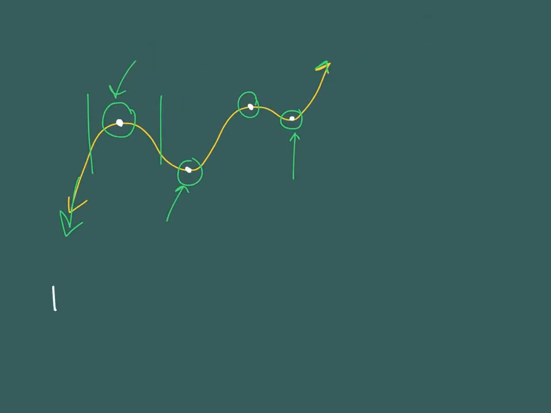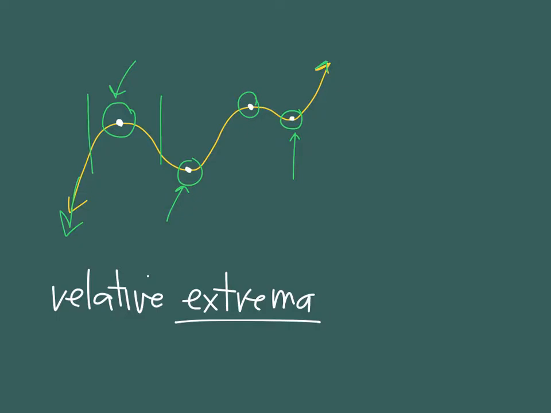These are called relative, well, in general, extrema, or extreme values. It could be a relative maximum or relative minimum. They are only maximum or minimum at a given portion of the graph.